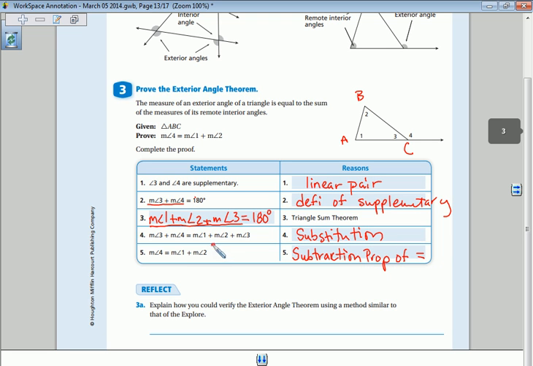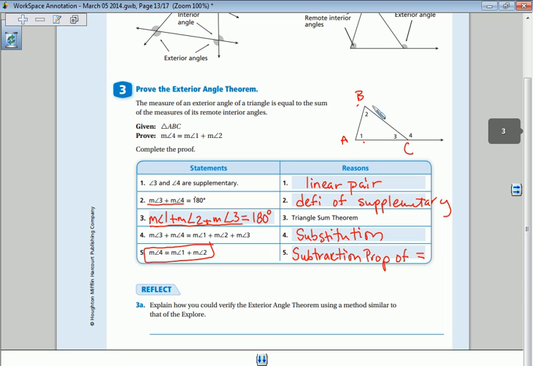Okay, so what did we just prove? We just proved that the measure of this exterior angle is always equal to the sum of the two remote interior angles. The outside angle is always equal to the sum of the two remote interior.